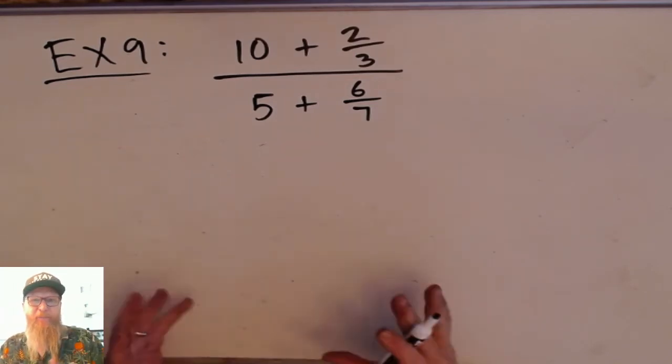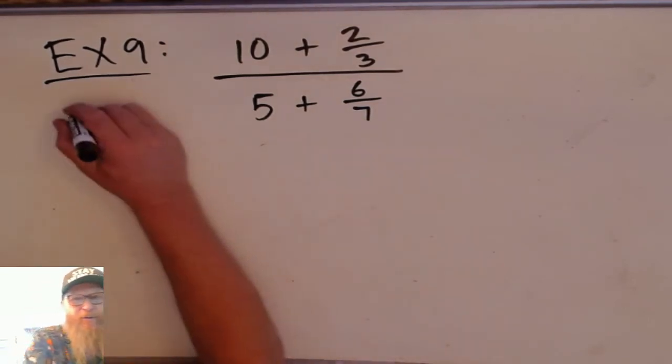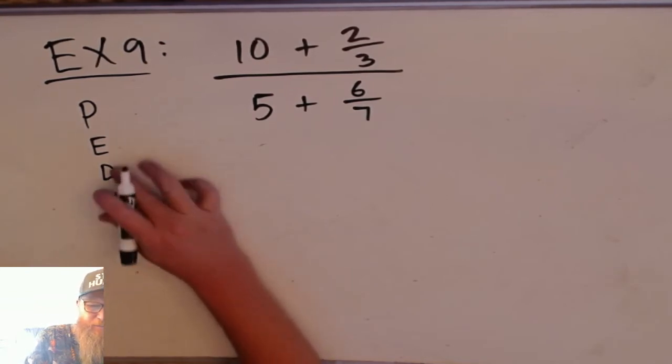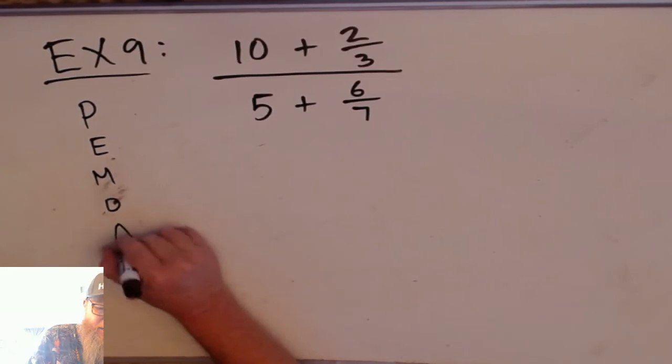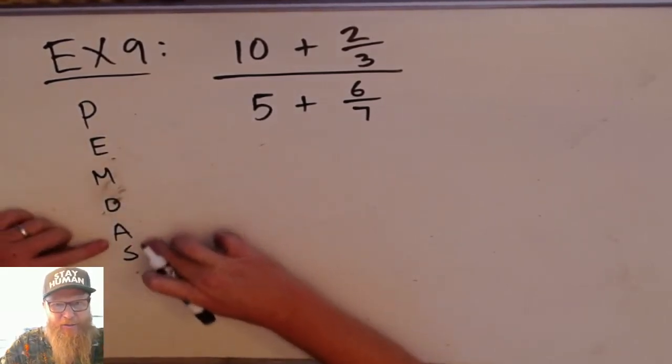So we're going to simplify this using the order of operations. Now remember, the order of operations was please excuse my dear Aunt Sally: parentheses, exponents, multiplication, division, addition, subtraction.